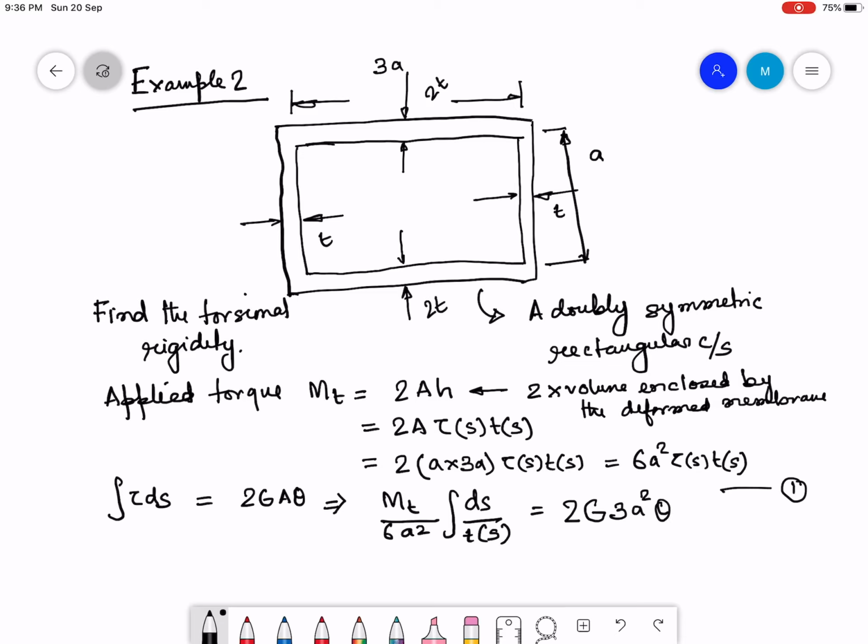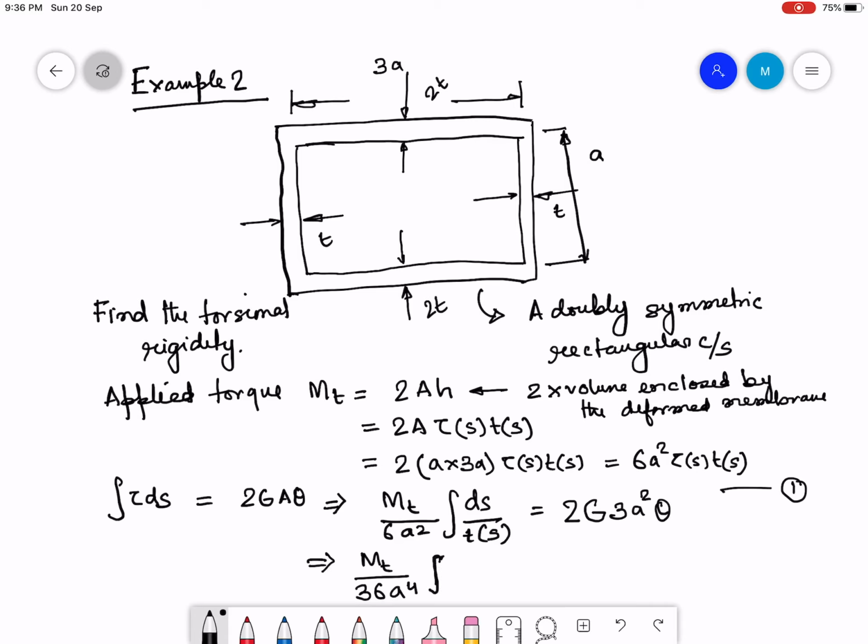So that is going to give me mt by 36a4. And now what is the integral of ds by ts?